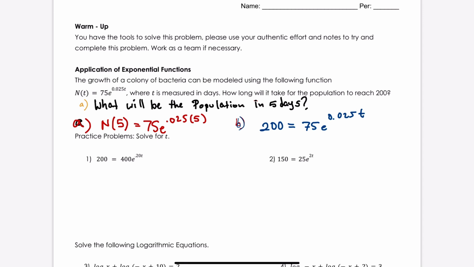Now it's asking for how long it will take. You can only get there if you solve for t. So right now you get half credit because you set it up, but now you have to actually solve for it. In this case, you have to remember that the only way you can bring down the t is through the use of logarithms.